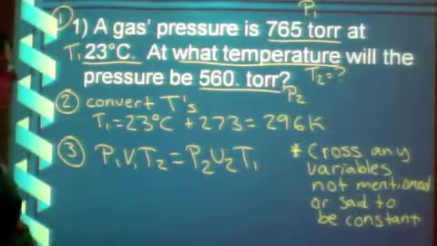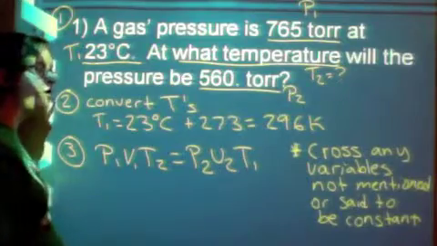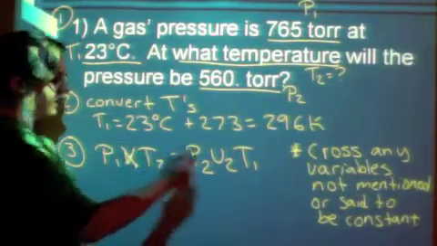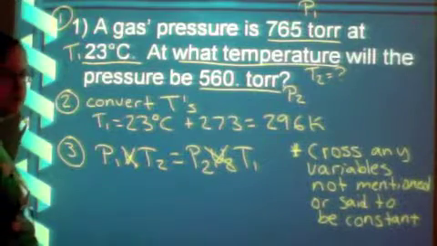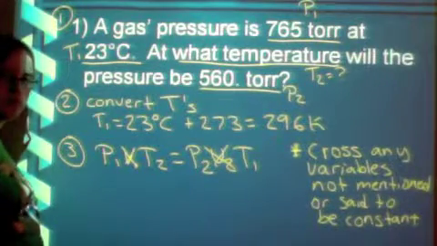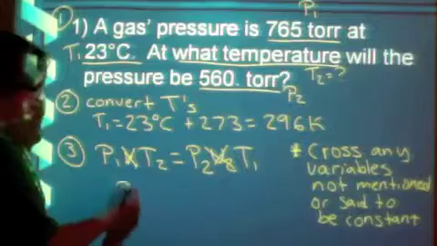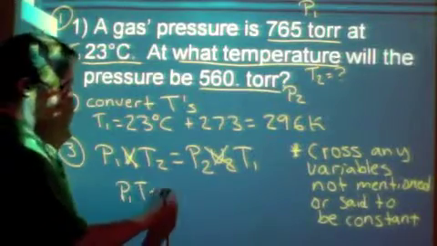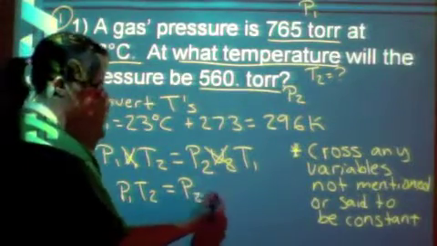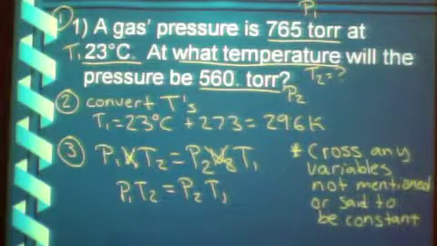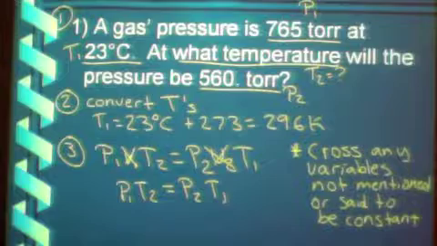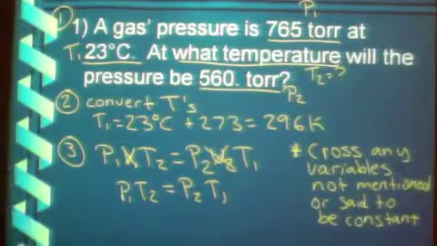So for example, volume is not mentioned at all in this problem, so we are going to cross out the V's. So when we cross out the V's, what is our new formula? P1 T2 equals P2 T1. Then we need to solve this equation for our unknown.